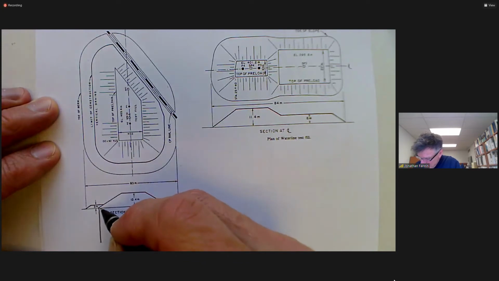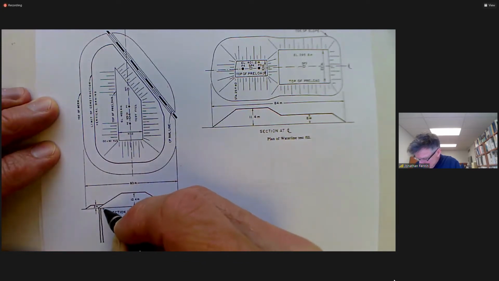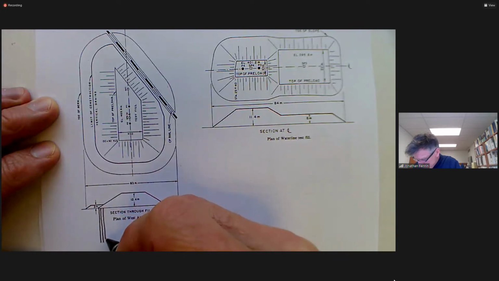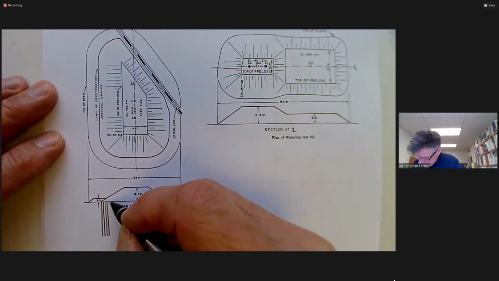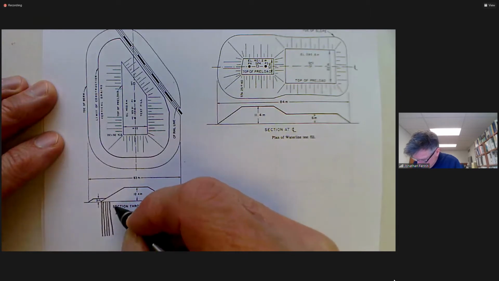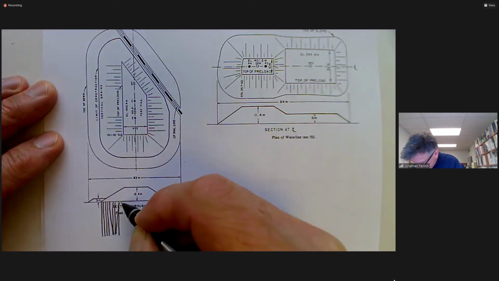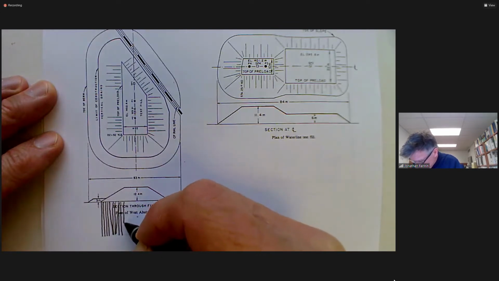And now if we actually try to represent the wick drains, we would be doing something like this. And clearly, I'm going to start going a little bit off the vertical, quite deliberately, because these are not going to go in perfectly vertical.